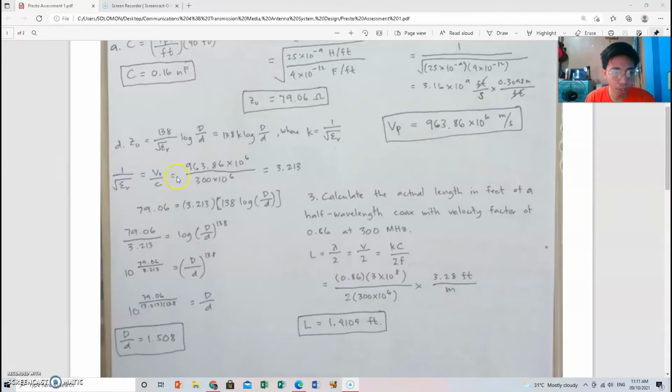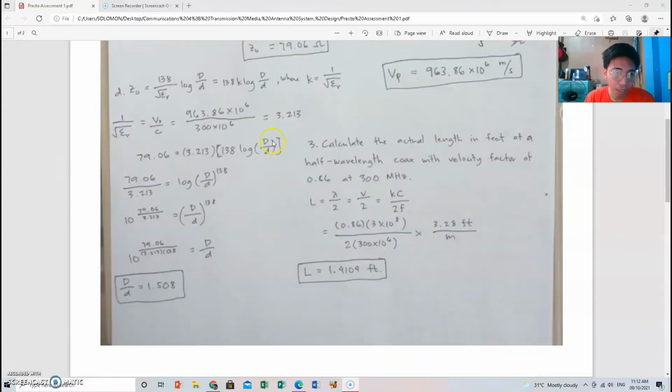We have found the velocity of propagation as 963.86 times 10 to the power of 6 meters per second. So just simply input it in here over the speed of light. And the answer is 3.213 for the k.